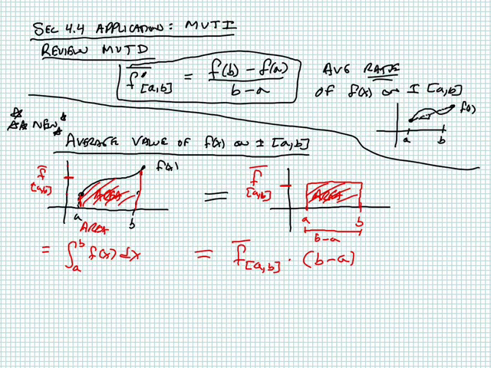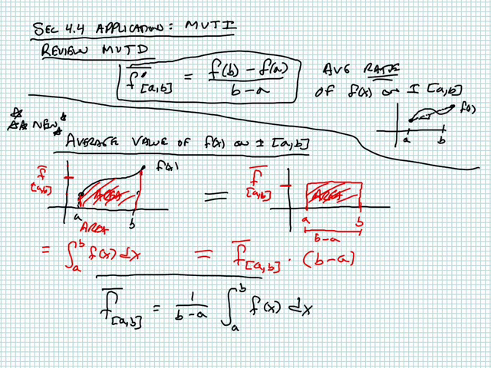And so if I do so, then my average value of f on the interval from a to b is going to be equal to, now again I'm dividing out this b minus a on both sides, 1 over b minus a times the integral from a to b of f of x dx. And this is the mean value theorem for integration, or integrals.